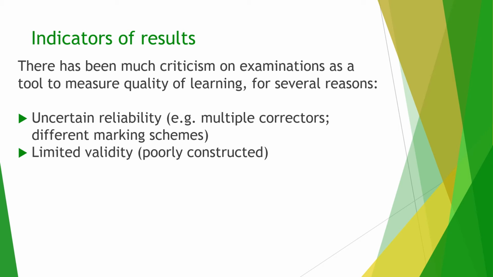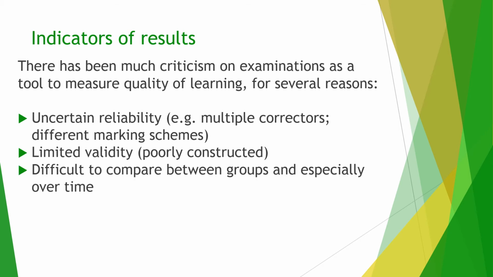As a result, the argument is made that it is very difficult to compare examination results, especially over time. Especially if you look at the pass mark, or indeed the share of students who go through to the next year, in many cases that does not really inform you about their results as much as it informs you about opportunities in the next cycle.